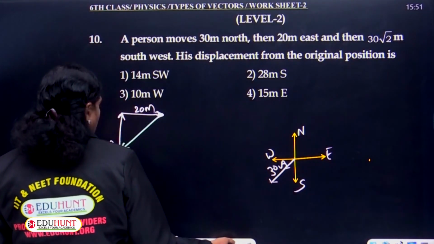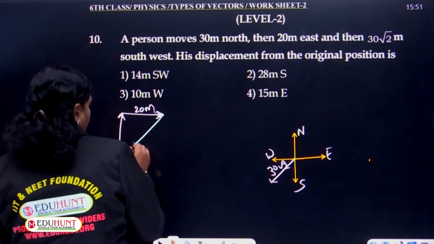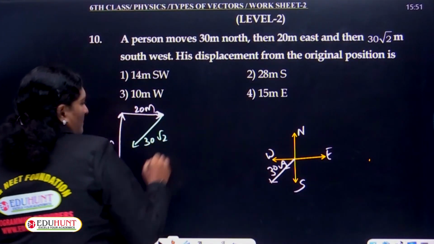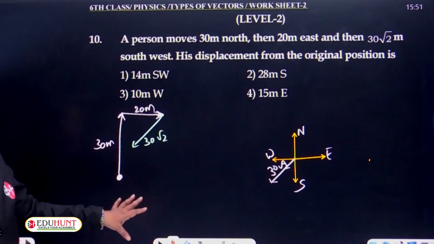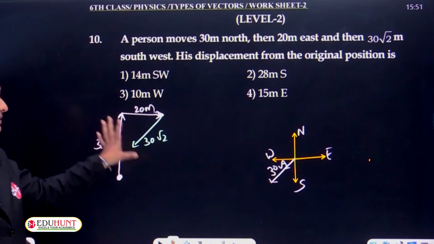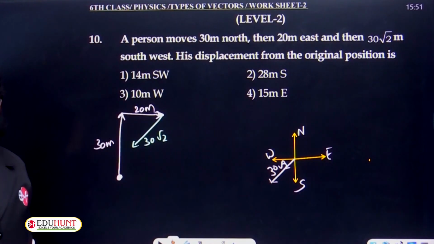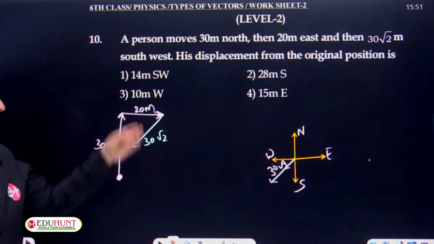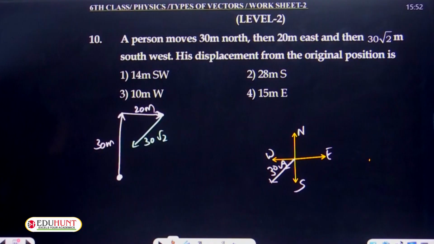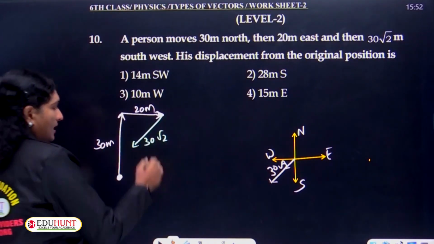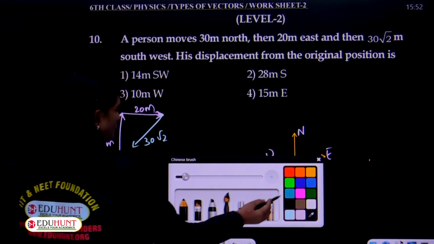I am not taking any scale reading, I am simply drawing a rough diagram. First of all, they took 30 meters north, 20 meters east and then 30 root 2 meters southwest. So this 30 root 2 can be resolved into two components.